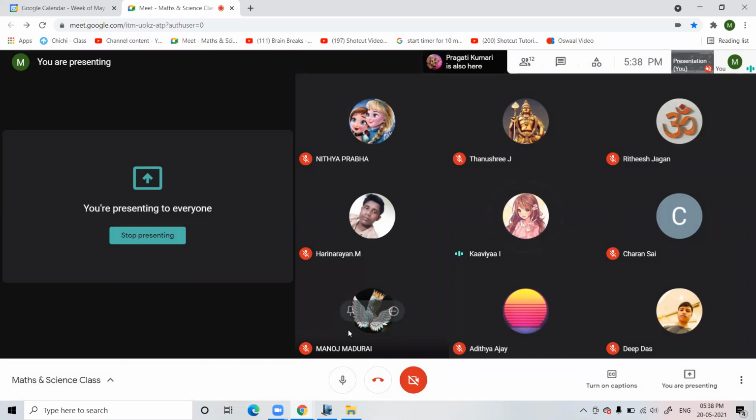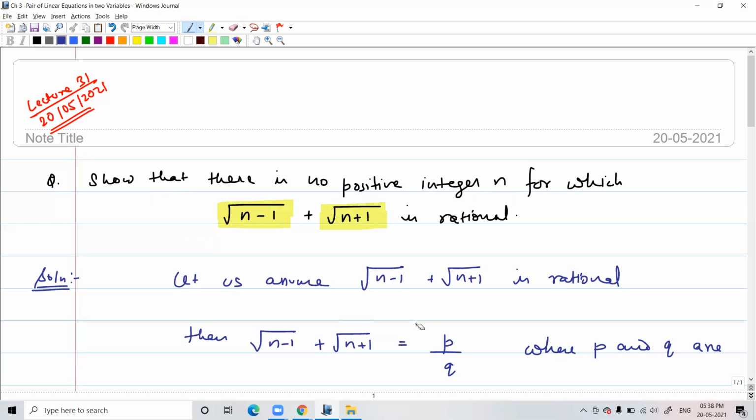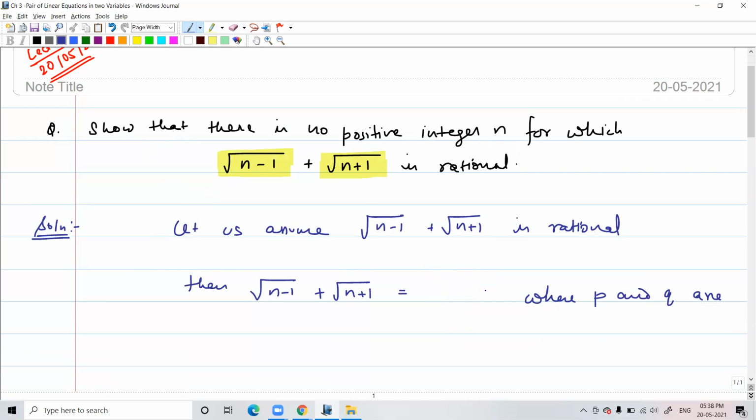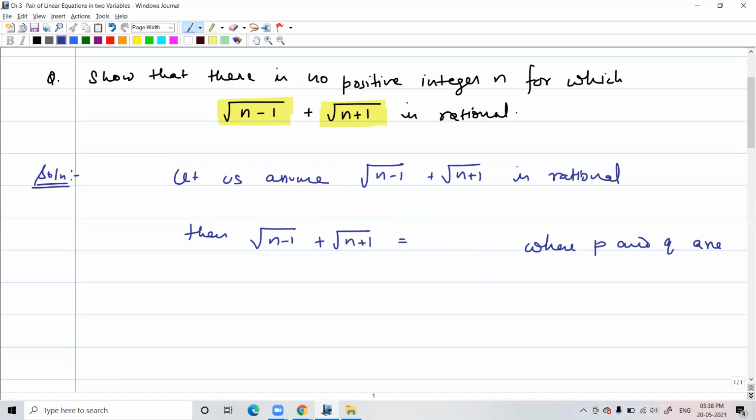Sir, why isn't it A by B? Like, are they same? See, we can call it A by B or P by Q, anything. In the last few problems which we have solved recently, we used to take A by B because I used to call them co-primes, and we used to prove that they don't have any common factor between them.